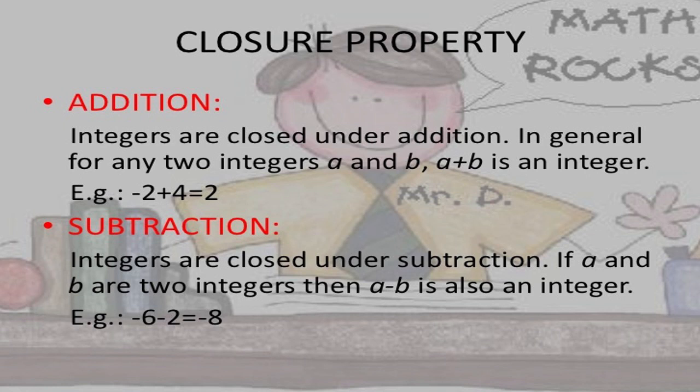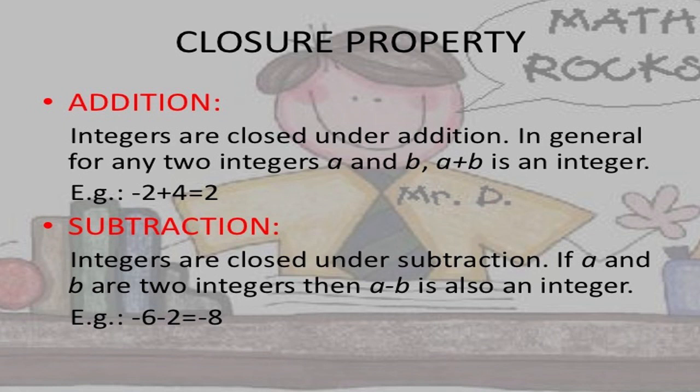In general, for any two integers a and b, a plus b is always an integer. For example, minus 2 plus 4 is 2, which is an integer. If we take the example minus 4 plus 2, then the result is minus 2, which is also an integer. So, integers are closed under addition.